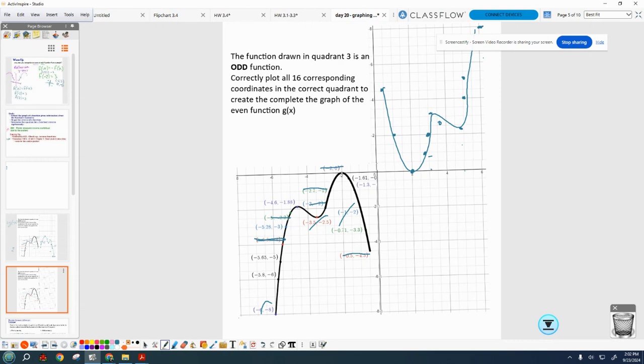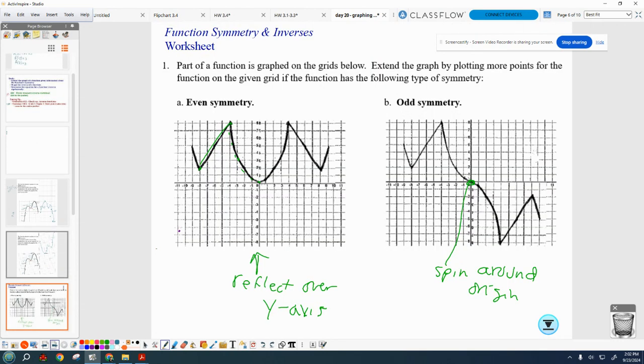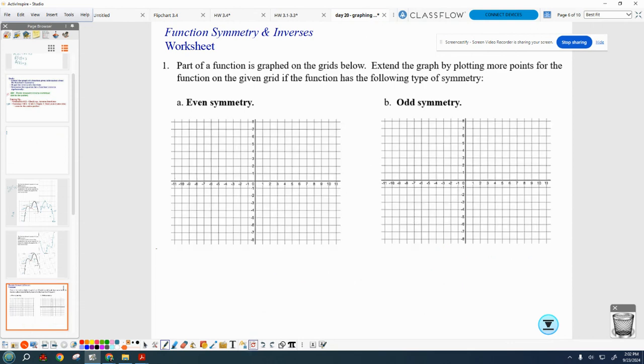Okay, so even and odd, here's the thing. Can you do that on your own with this paper? Compare with the person next to you. What did she give us?